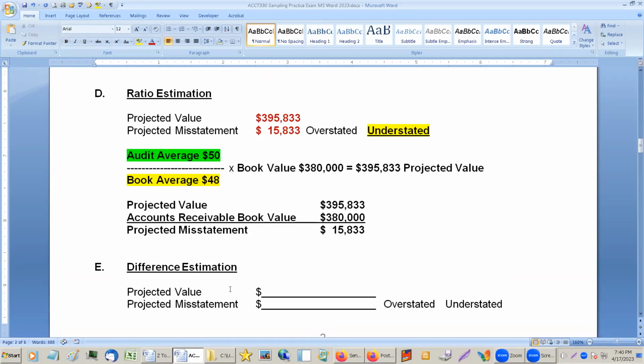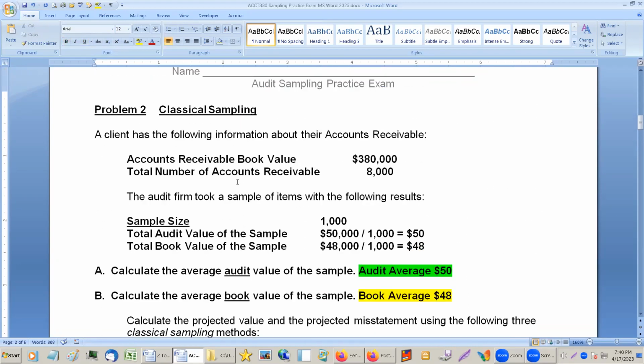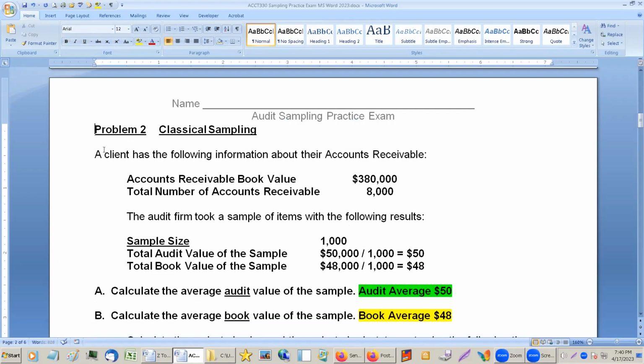Okay, and difference estimation. Need some more room here.